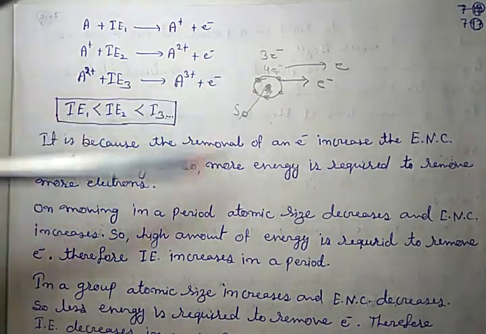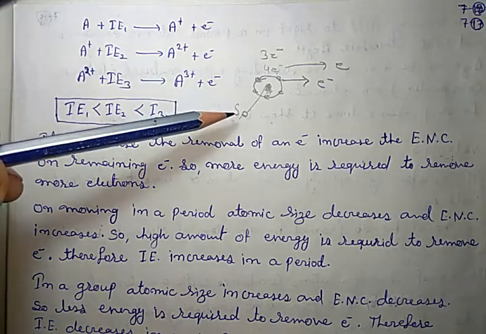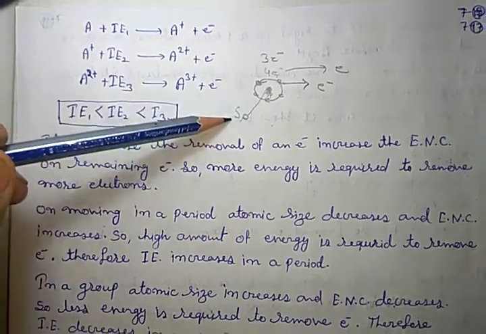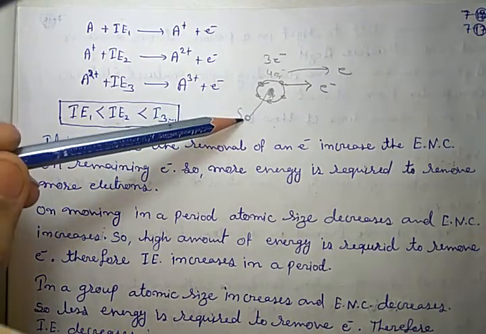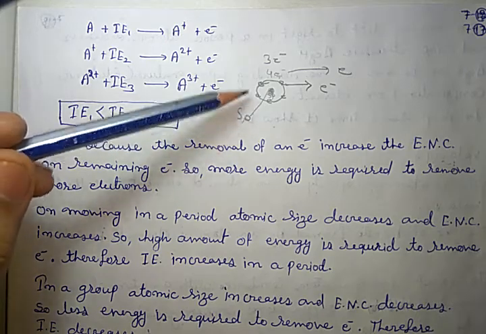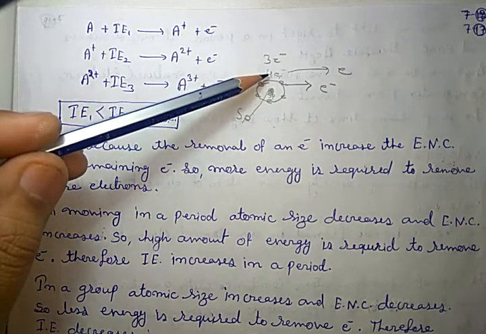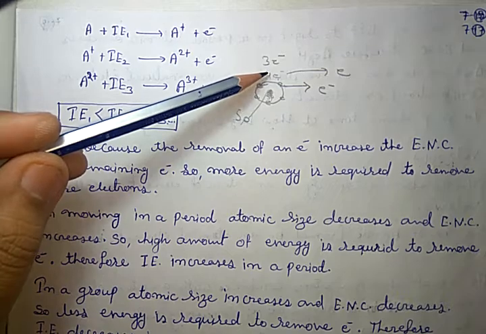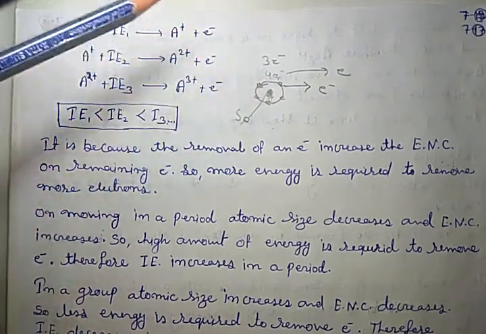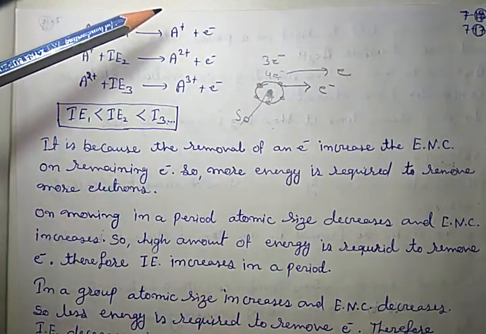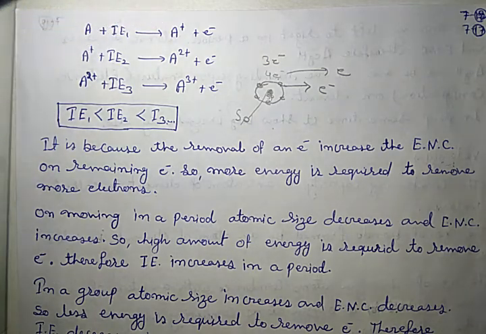That is 4. But there is no change in protons. As a result, the nuclear force experienced by the remaining electrons will be more. Simply we can say that there is an increase in effective nuclear charge after the removal of an electron.